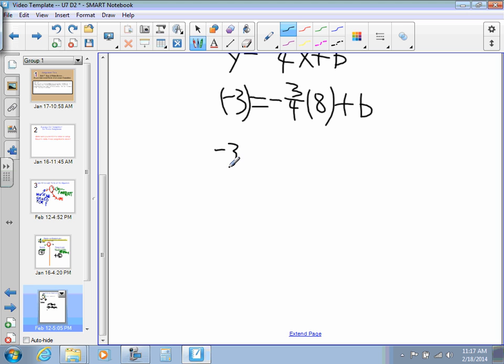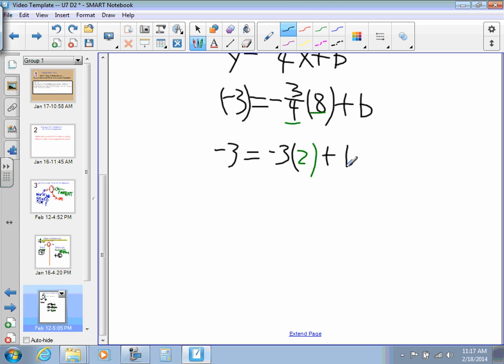I'll just bring down my negative 3 for the moment, equals negative. I'm going to take care of dividing first. So I'll have this 3 left, and when I divide the 8 by the 4, I will get 2.